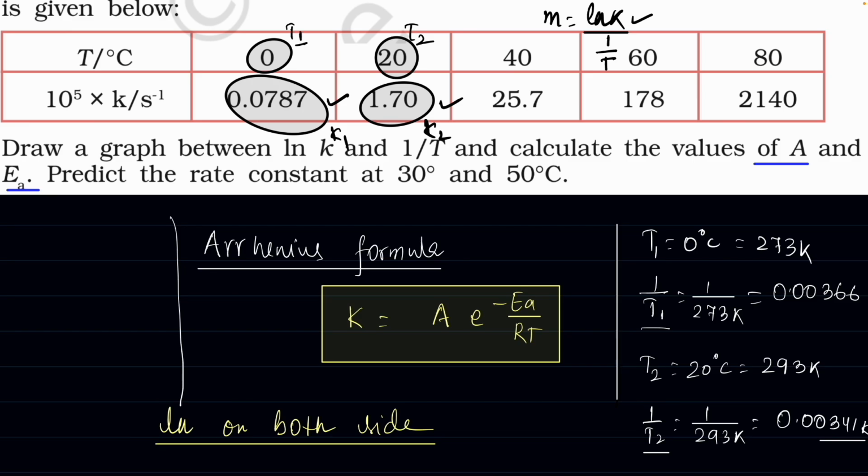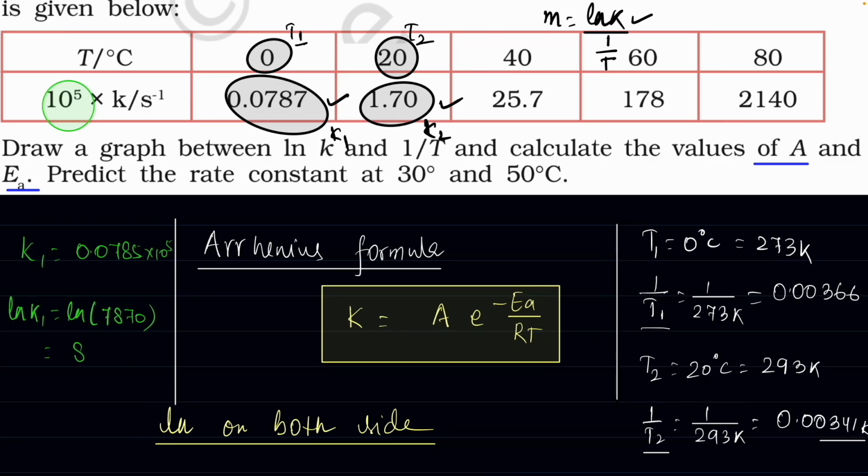Similarly, we need to find the value of ln K1 and ln K2. So K1 is equal to 0.0785 into 10 to the power 5. Here is the 10 to the power 5. So ln k1 will be equal to ln of 7870.